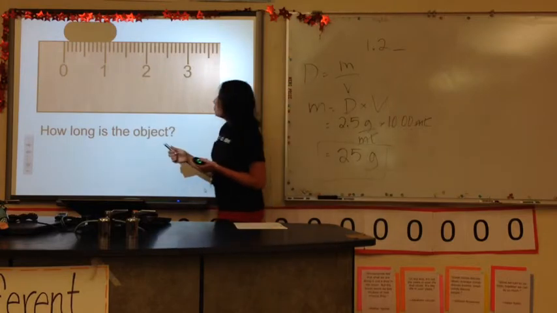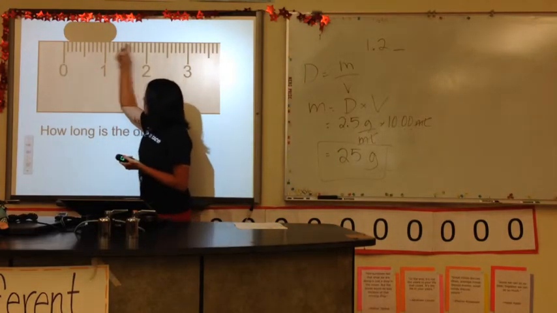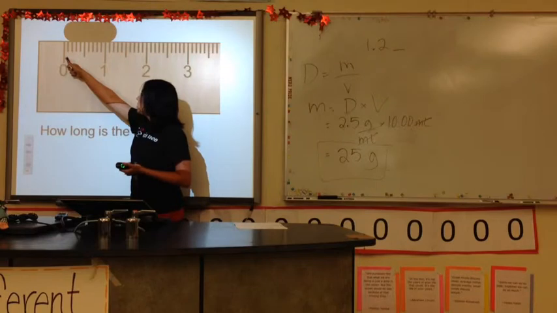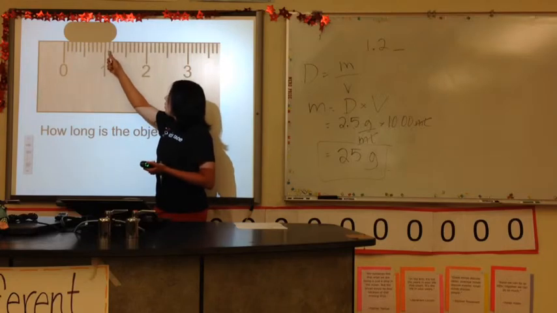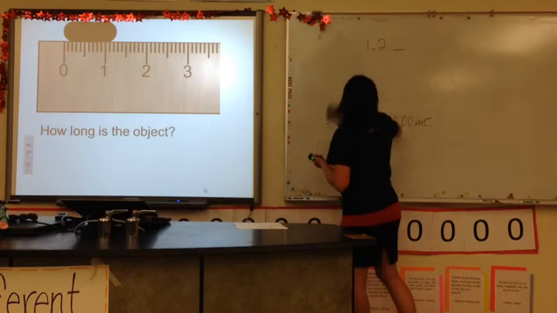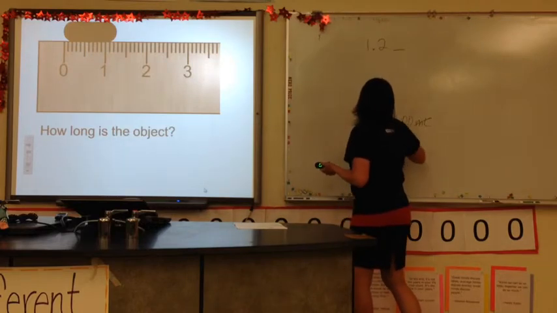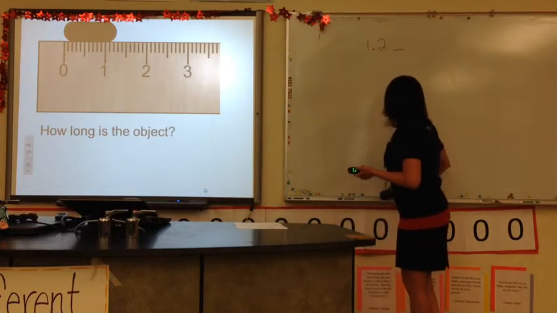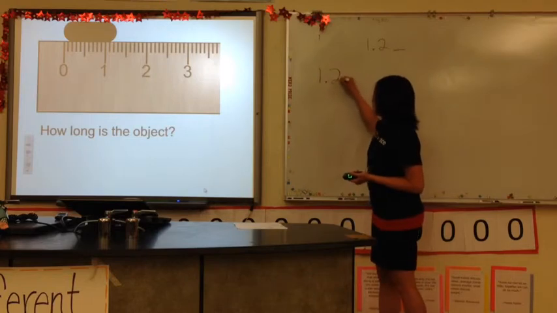How long is this object? Okay, well, let's look at the instrument first. The instrument is going by 0.1s. 0.1, 0.2, 0.3, 0.4, 0.5. Okay, 1, 1.1, 1.2, 1.3. So it looks to me like it's between the 1.2 and the 1.3. So you wouldn't want to just say, oh, I think it's 1.2, because that's already what the instrument is measuring by, the 10th place.